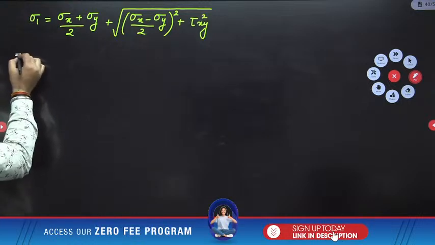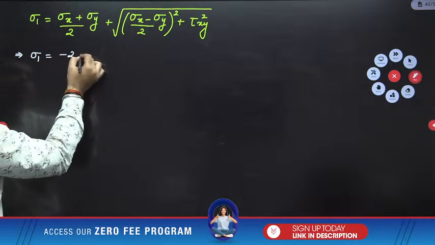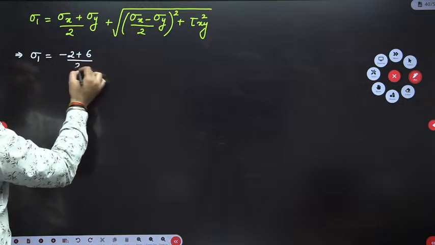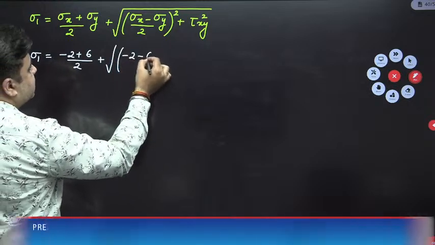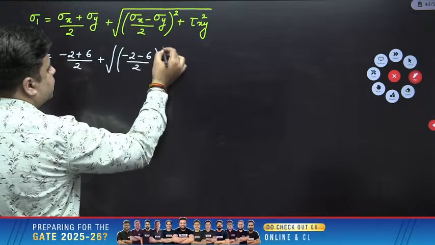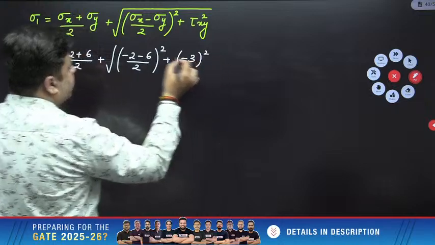So sigma 1 is equal to, sigma x is minus 2, sigma y is 6. So minus 2 plus 6 by 2 plus under root of minus 2 minus 6 by 2 the whole square, and tau xy is minus 3 square.